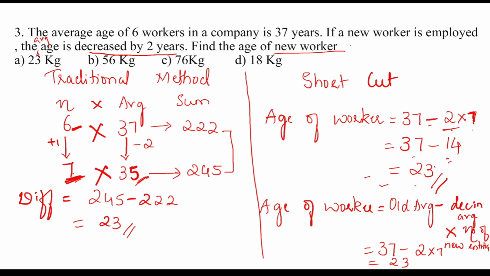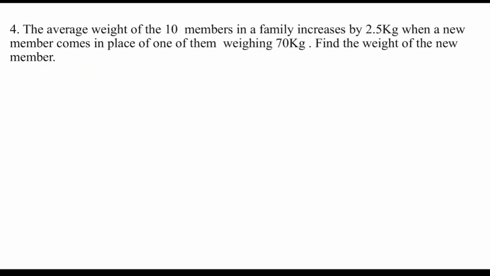Now going to the next problem. The average weight of 10 members in a family increases by 2.5 kg when a new member comes in place of one of them weighing 70 kg. Find the weight of the new member.